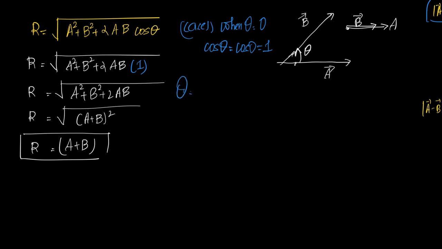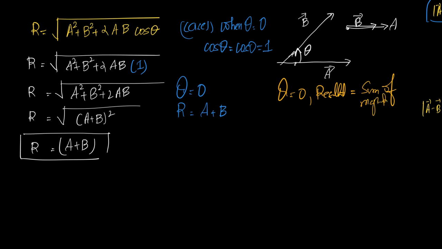Which means when theta is equal to 0, R is equal to a plus b. Now physically this means that when theta is equal to 0, the resultant vector will have a magnitude equal to the sum of magnitudes of the individual vectors.